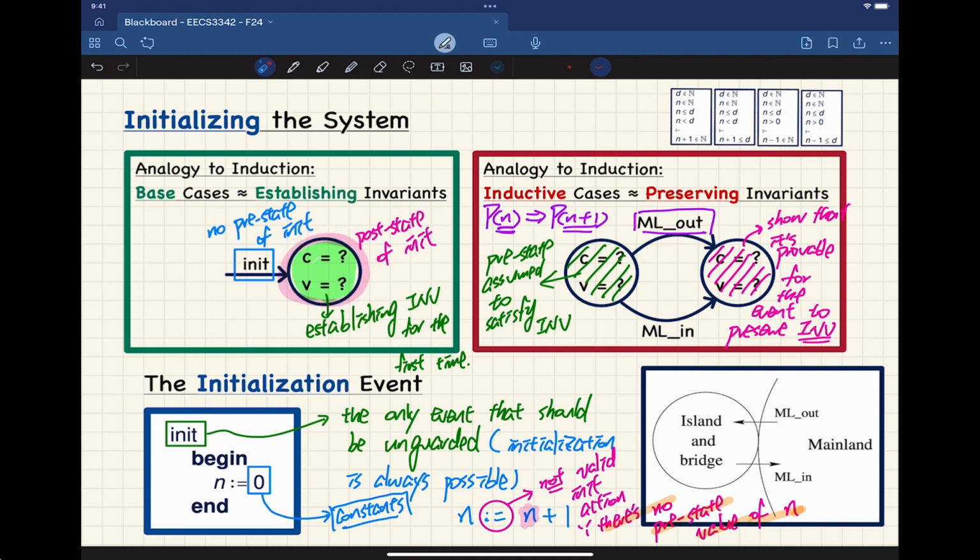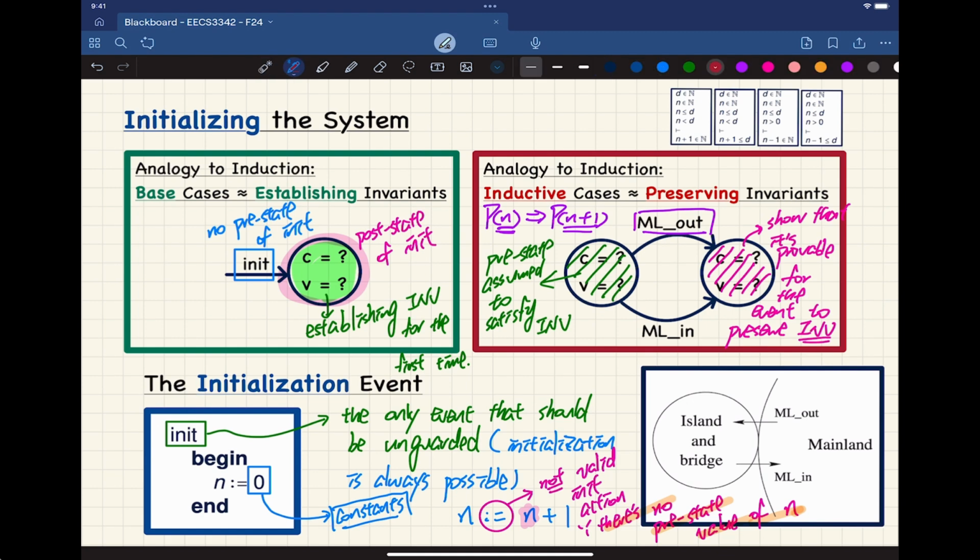But as far as this init event is concerned, this state is its post state. That's why we still add prime to the end. Yes. Sure. Because as far as the init event is concerned, we want to make sure the states upon its termination, which is the post states, still satisfy the invariant. Well, satisfy the invariant for the very first time. So that's why we have to say prime.